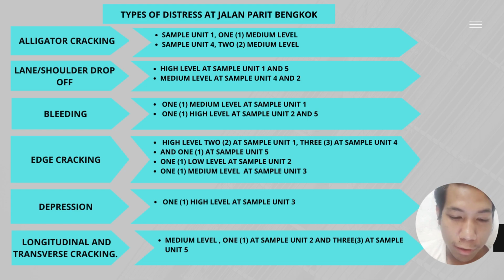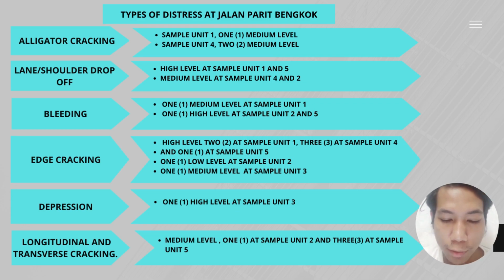First is alligator cracking, with 1 medium level at sample unit 1 and 2 medium level at sample unit 4. Second one is lane shoulder drop-off, high level at sample units 1 and 5, medium level at sample units 4 and 2.